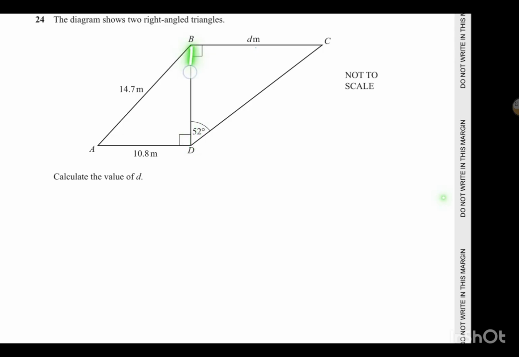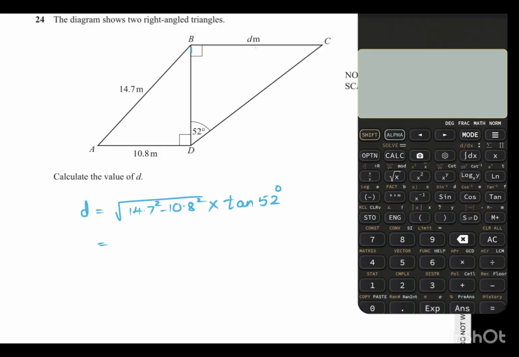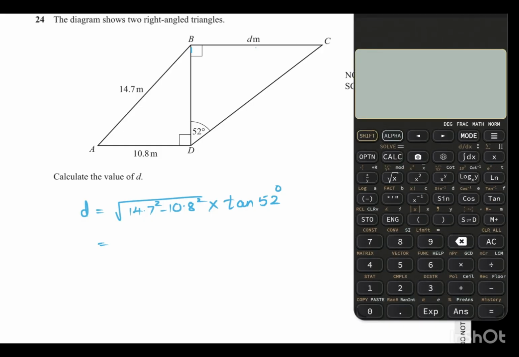The adjacent side I got by doing the square root of 14.7 square minus 10.8 square. So directly, d is equal to the square root of 14.7 square minus 10.8 square, multiplied with tan 52. You can directly put this in the calculator.